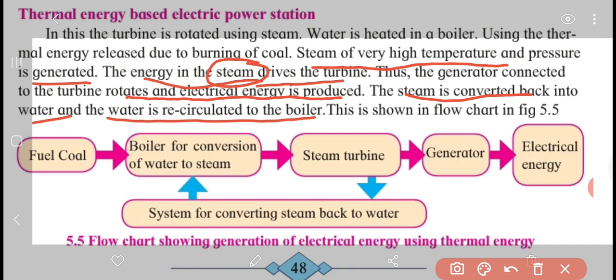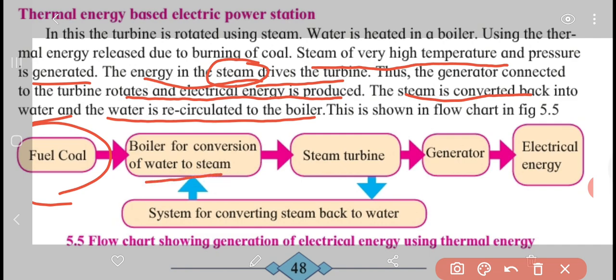And now you can see this flow chart, where you will be able to understand how the turbine rotates with the help of steam. So here it's fuel, coal, which is burned, and the energy produced due to burning of coal is used to convert water into steam.